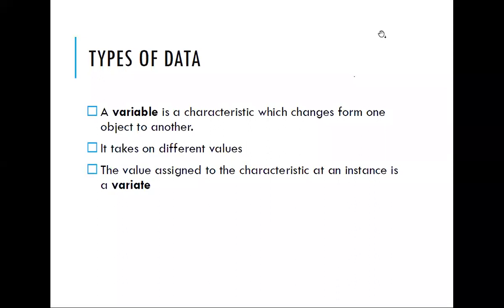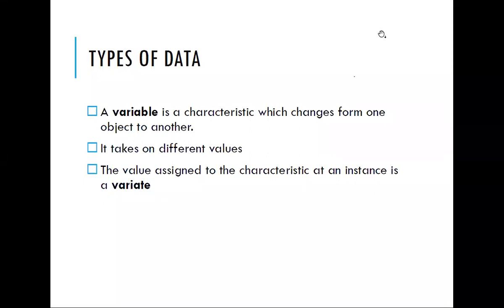It can be used in analysis or communications. Good. Now, what we are saying is there are different types of data, but first, let's understand how data comes about. The first thing we need to talk about is what we refer to as a variable. The variable is that quality or criterion or characteristic which a researcher wants to investigate.